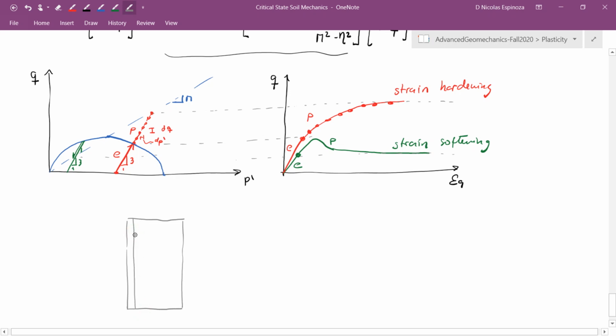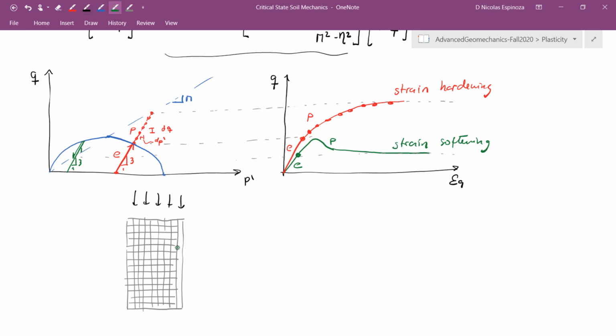And let's go ahead and divide this material into a grid and several grid blocks, so I can track each grid block individually. I'm going to apply stress until the material starts to fail. And remember, all of these blocks are composed of strain softening material.